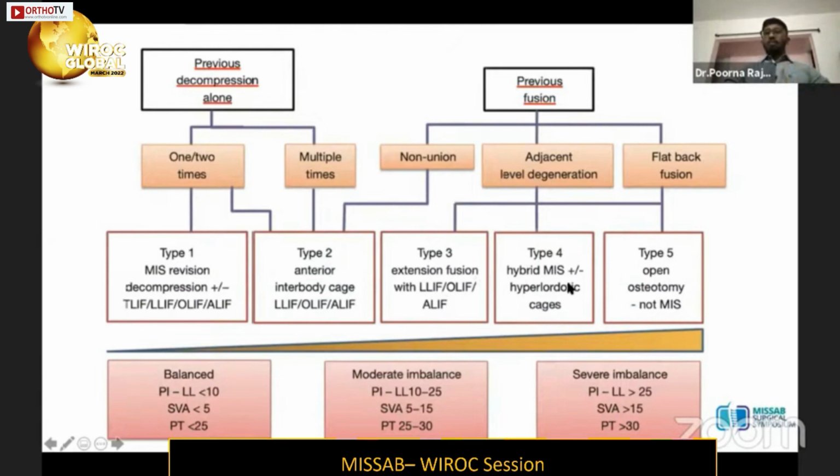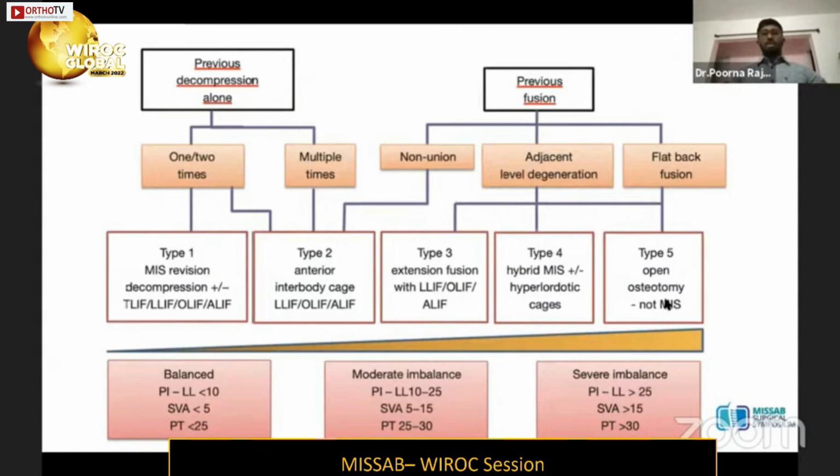And if the fused mass is in mild kyphosis or at a flat back level, then they ask us to extend the fusion using hyperlordotic cages. That is, they don't want to disturb the already fused mass, but they want to increase the sagittal profile by increasing the lordosis across the adjacent segments. That is the type 4 technique.